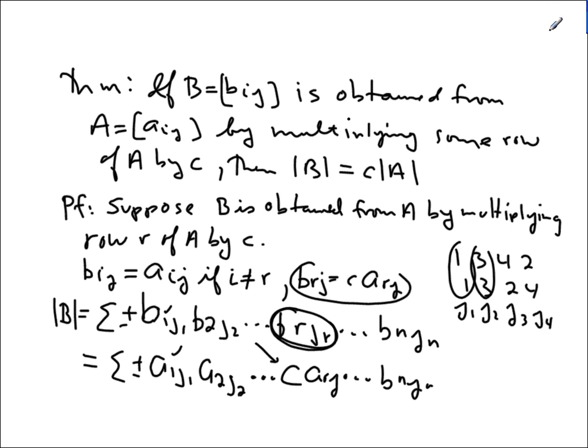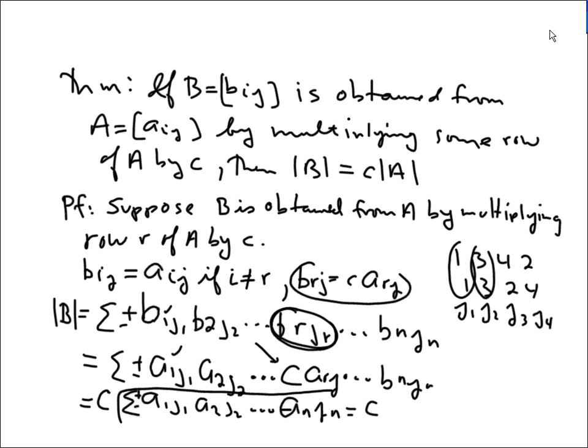I can pull that C out in front of the sigma. And then I have plus minus A1,J1, A2,J2, all the way up to AN,JN. Well, the C is in front.